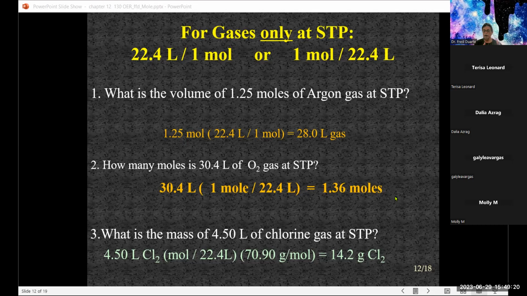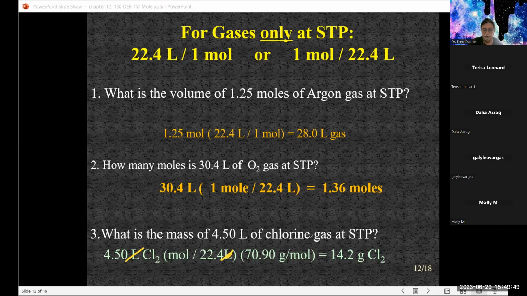I cannot go directly from liters to grams without going through moles first, okay? So the liters of chlorine gas with the first factor is converted to moles of chlorine gas. Notice that liters cancel, leaving us with moles of chlorine gas.